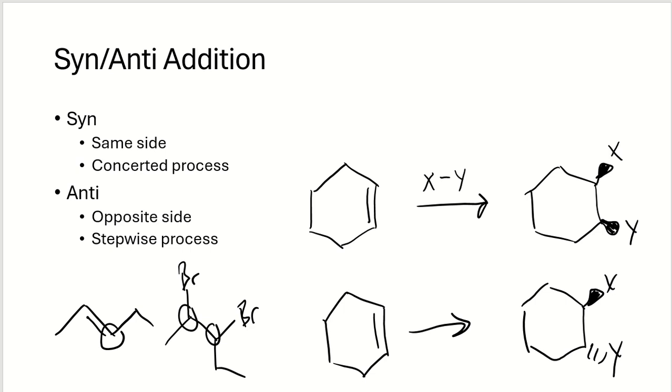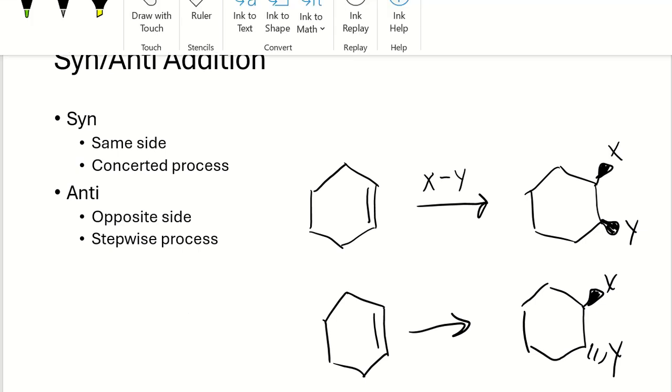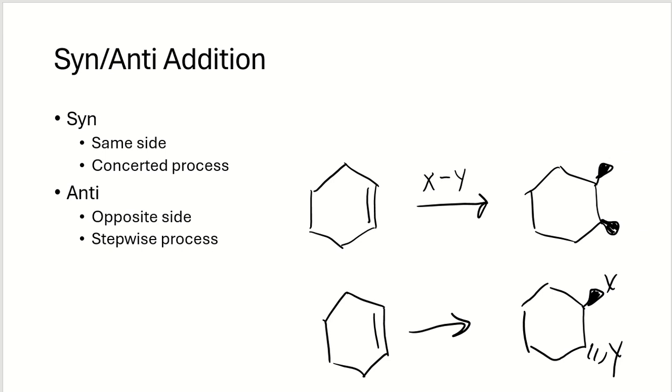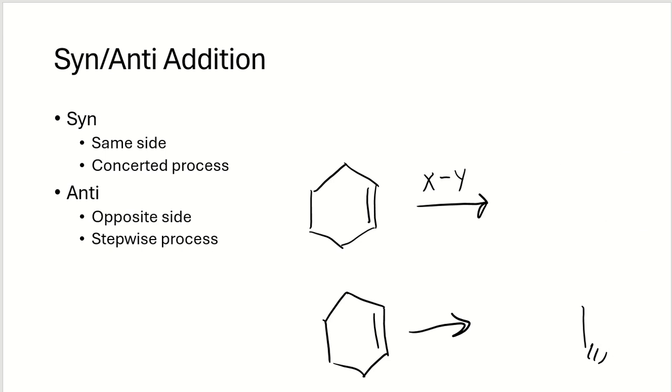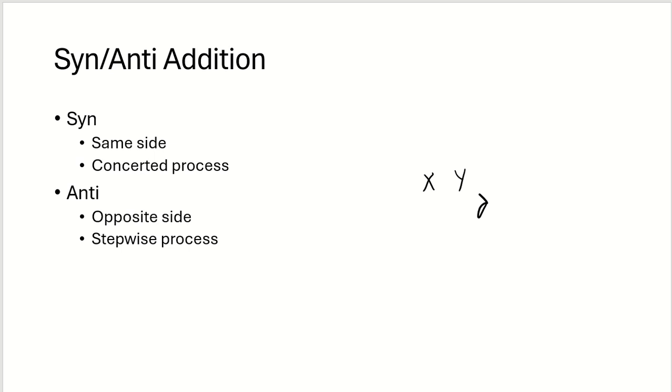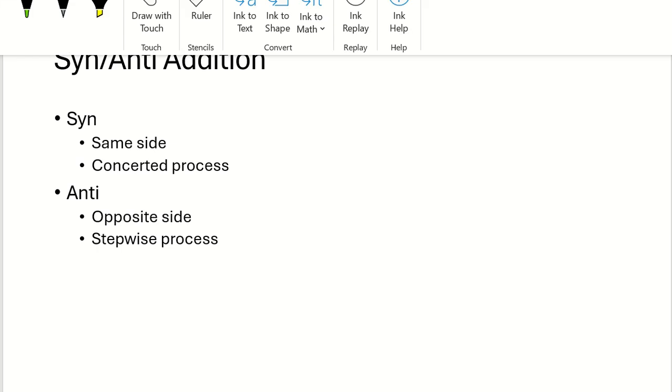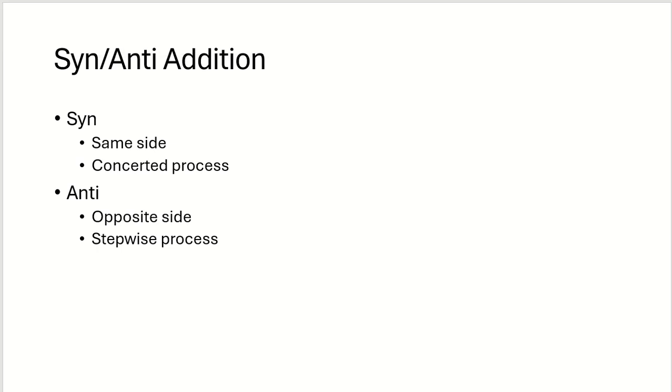process. And the way the mechanism works for syn and anti-addition is that a syn addition is usually a concerted process, whereas an anti-addition is going to be a stepwise process. So if we look at that, a syn concerted process would be something like this.